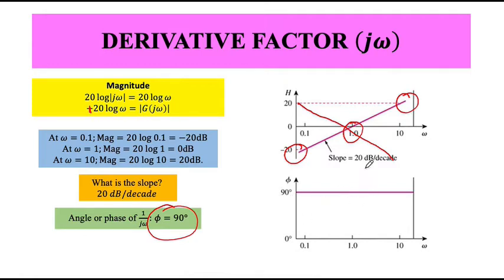So you just need to remember something like this. The slope is positive 20 dB per decade for the derivative factor, right? Because I go from here till here in an increasing manner, so each decade my magnitude goes up by 20 decibel in a straight line.